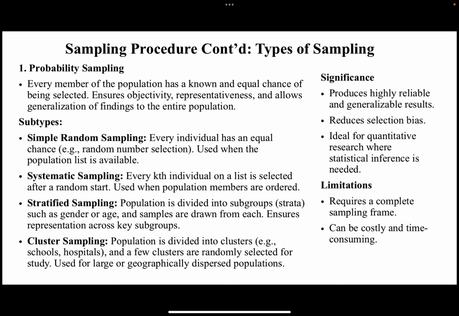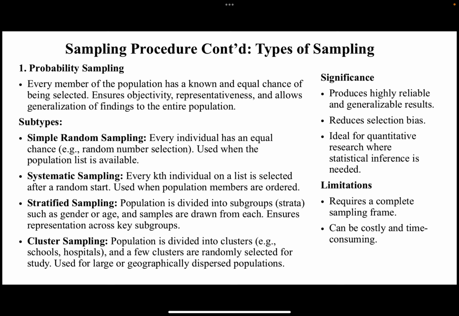Basically, this type of sampling is scientific. Again, it is objective, and it also allows us to generalize our findings to the entire population. So probability sampling is very interesting.